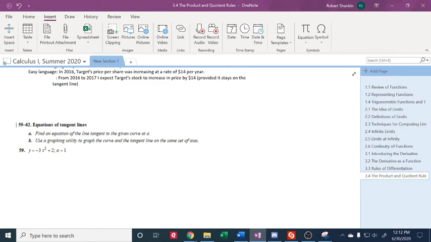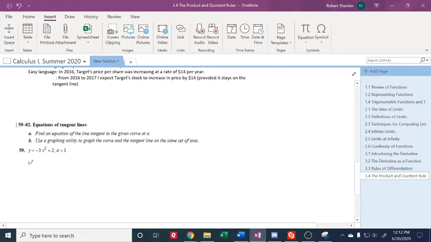All right, so now I can find the derivative. I can do it the long way using the definition of the derivative. But now I have this super fast shortcut.